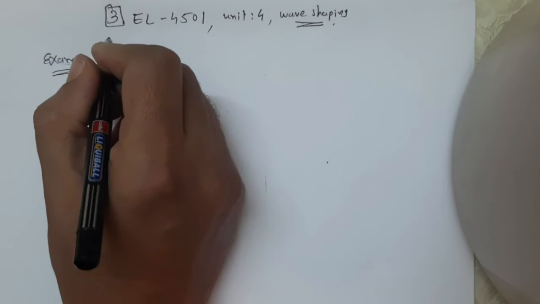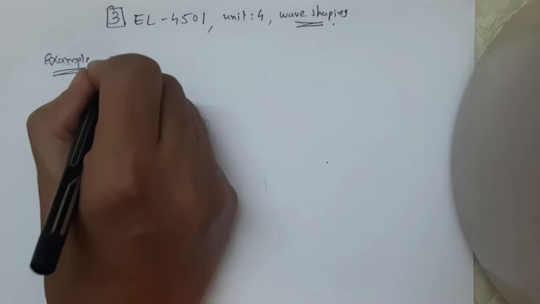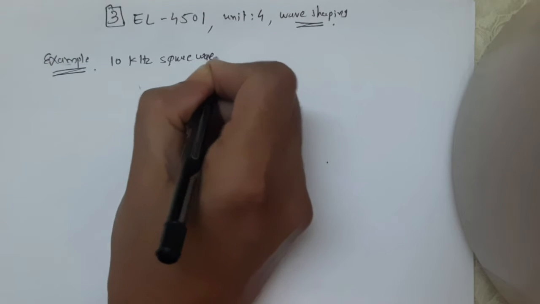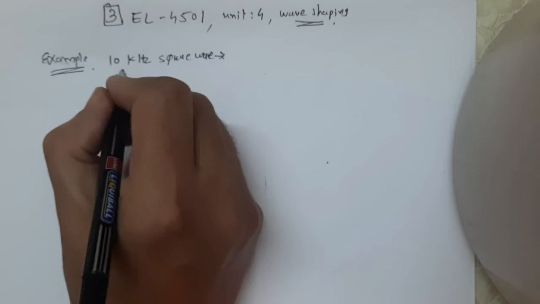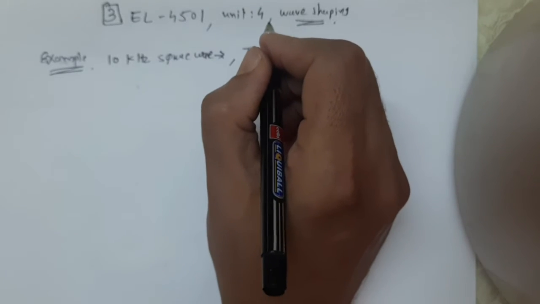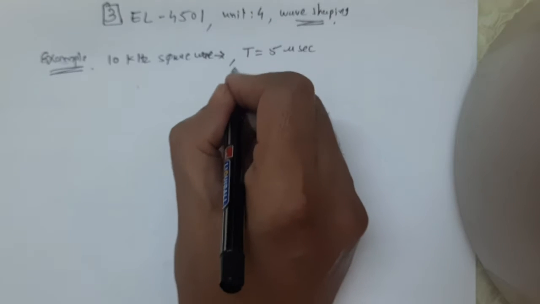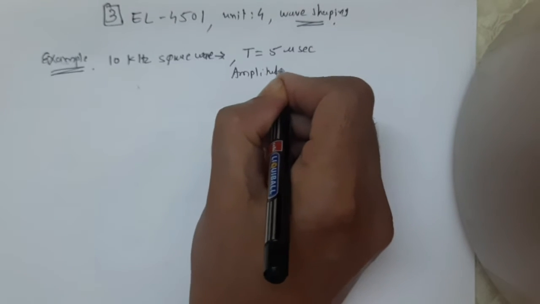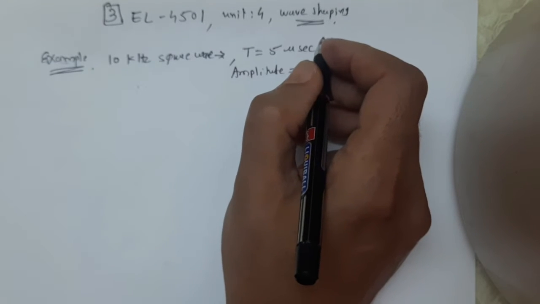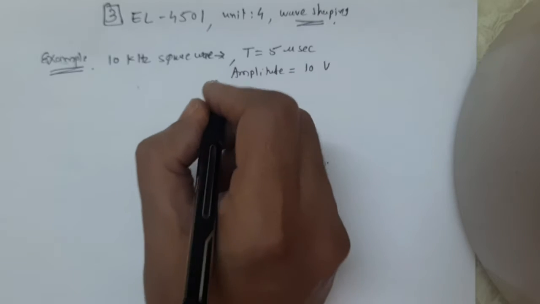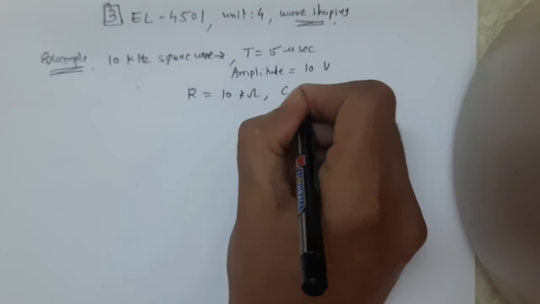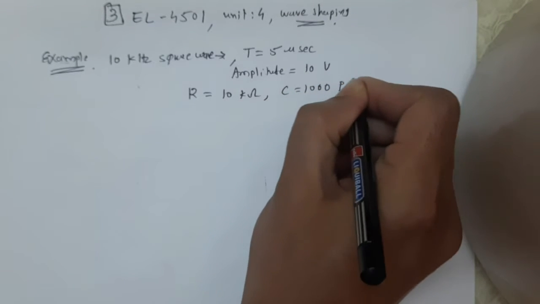The example is a 10 kilohertz square wave having the periodic time T equal to 5 microsecond and overall amplitude of 10 volt, applied to a differentiating circuit in which R is equal to 10 kilo ohm and C is equal to 1000 picofarad.